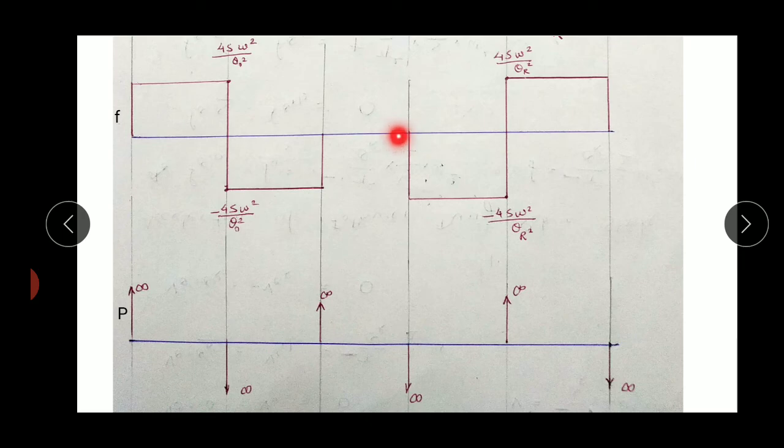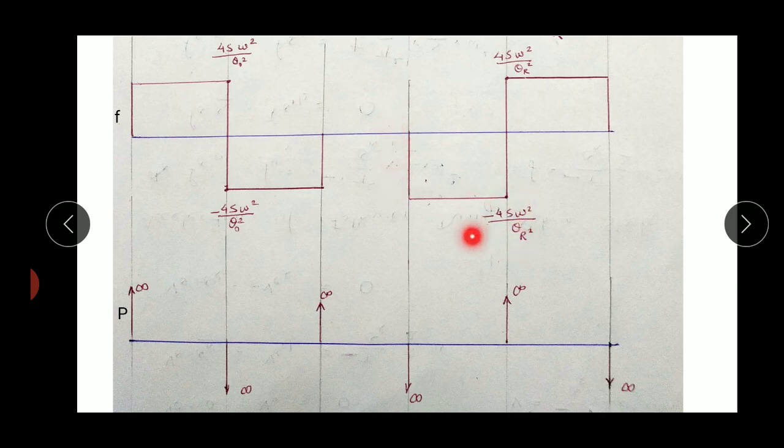That is, when the follower is stationary, suddenly its retardation reaches a constant value of minus 4sω² upon θr², and as it reaches this constant value within no time, an infinite amount of jerk is required to achieve this. So we have to show infinite jerk in this direction, as its slope is infinity in the downward direction.